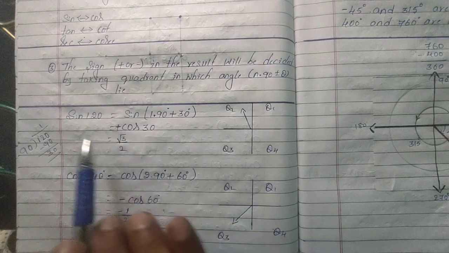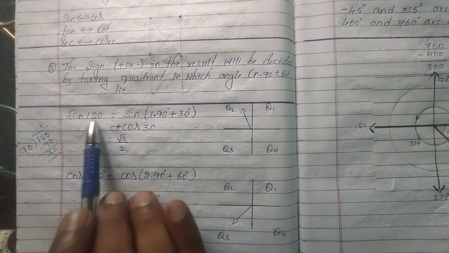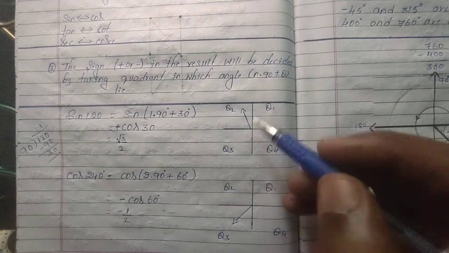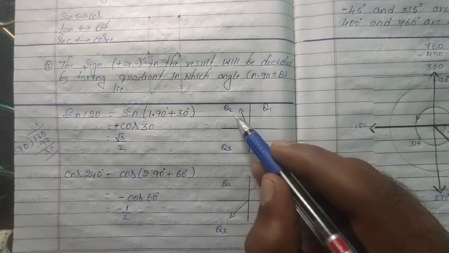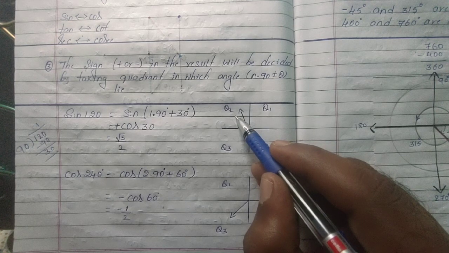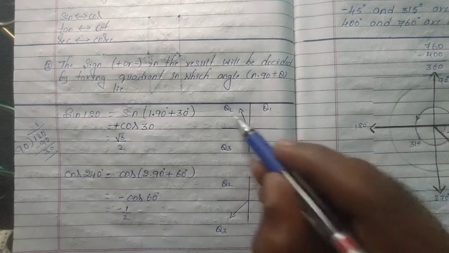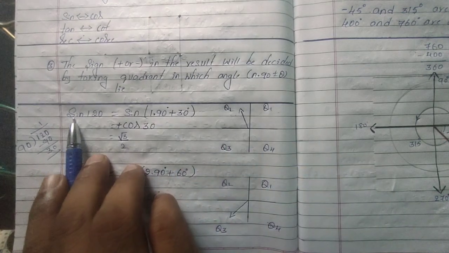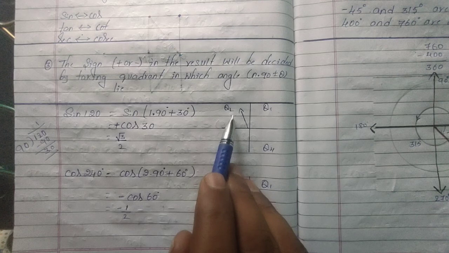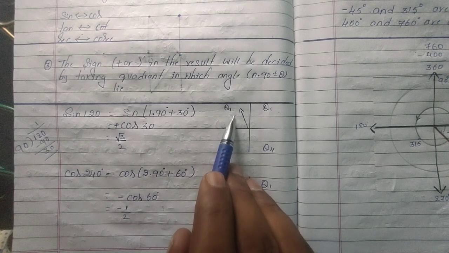How to decide? See the 120 degree. Where will 120 degree come? It is in the second quadrant. Yes or no? Second quadrant, which are positive? All Students Take Cups. All Students. Students means sin and cosecant positive. So given ratio sign also positive. That angle is 120, 120 lies in the second quadrant.